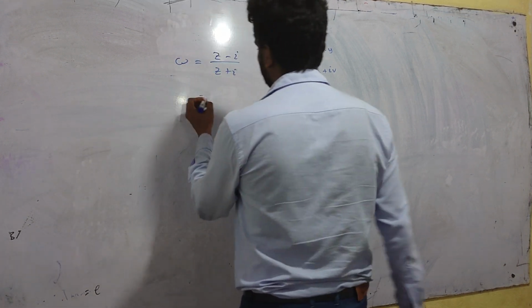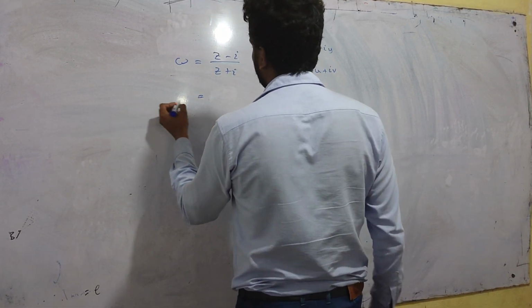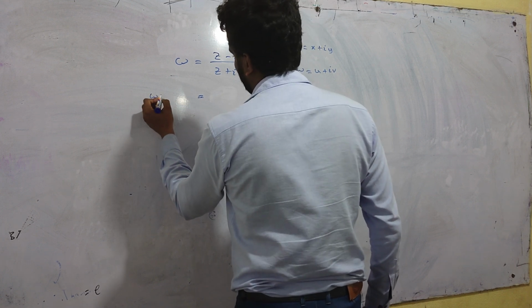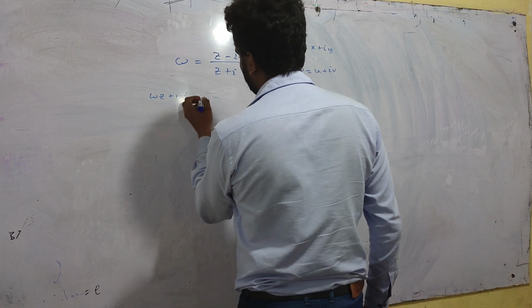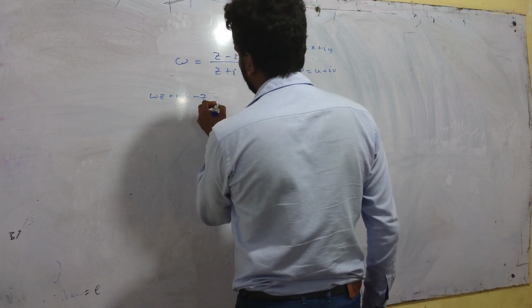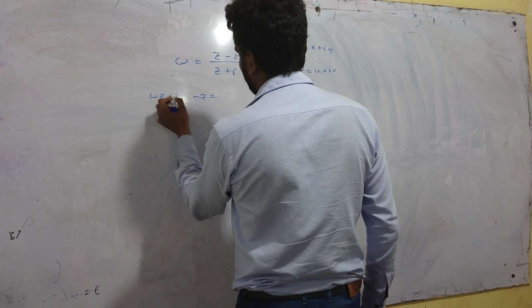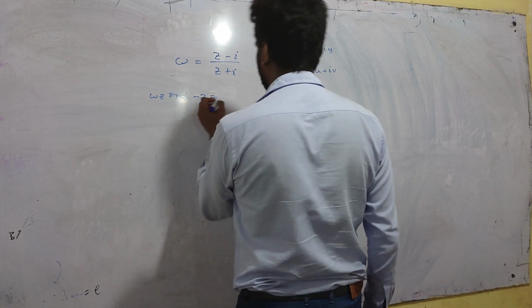Yes. Shall we use all the methods? But finally we will catch the most convenient way, right? This is wz plus w iota equals z minus iota, taking it this side. We have to make z the subject finally, right?